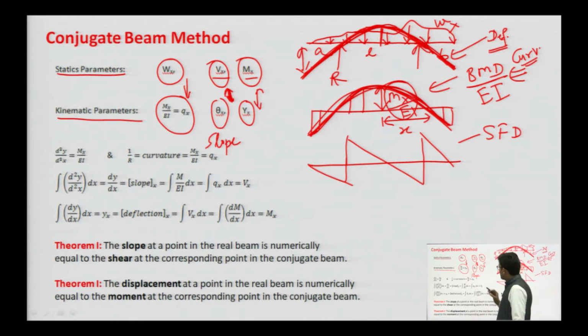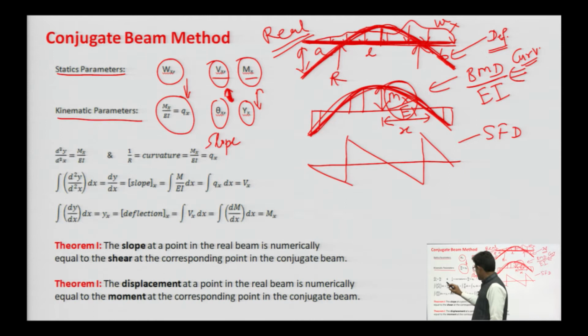The real beam has to be replaced by a conjugate beam by changing the end conditions. Let us see how they are conjugate with each other.